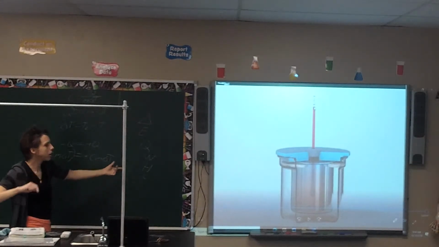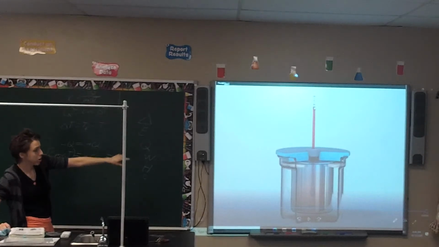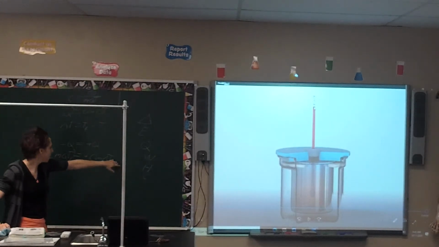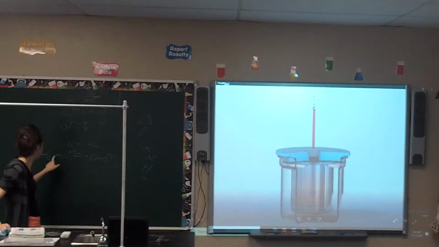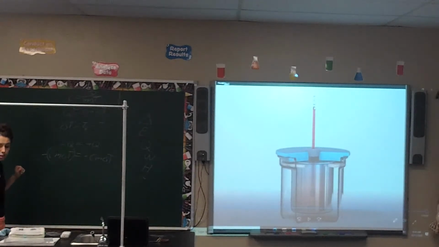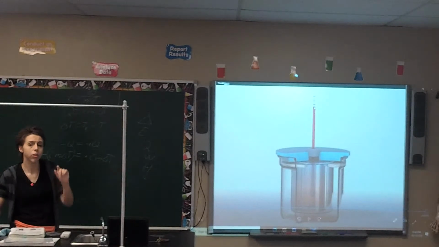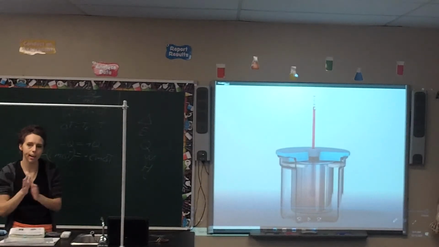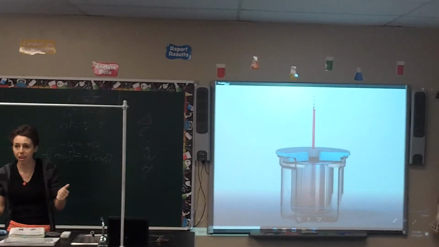We know water's initial temperature and the temperature where it stopped. Because of that, we can use this equation to figure out the specific heat of a metal. Since metals have exact specific heats, they can use this to identify a piece of metal if they don't know what it is.